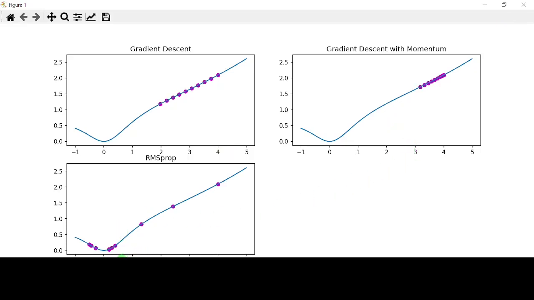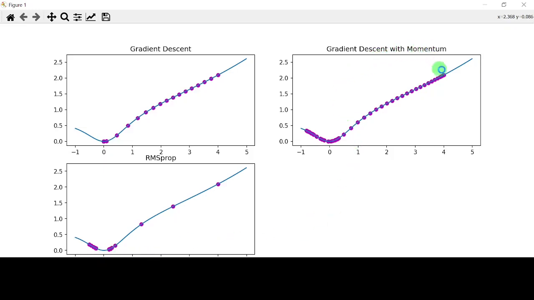And look at this one. So RMSprop shoots off, and it kind of reaches the minimum there. But because of the way that it's constructed, because of the equations that are used, it looks like it just goes back and forth around the minimum. So it doesn't actually reach the minimum. So in this situation, gradient descent performed the best, and it manages to actually reach the minimum, which is something that RMSprop couldn't do in this function.